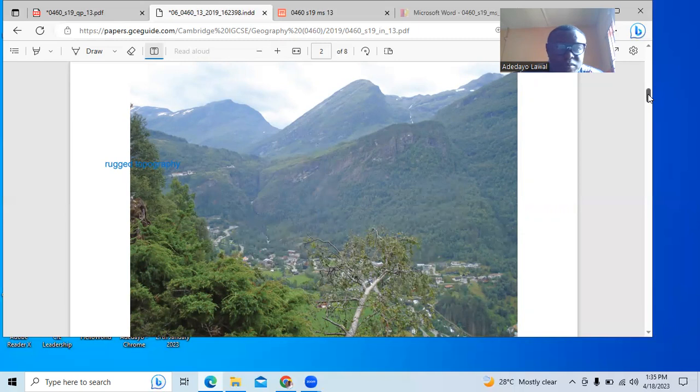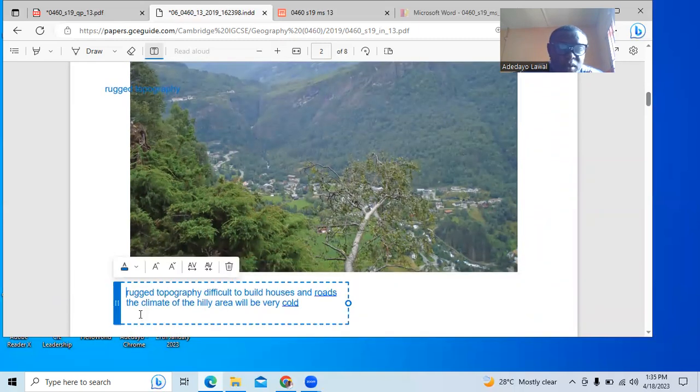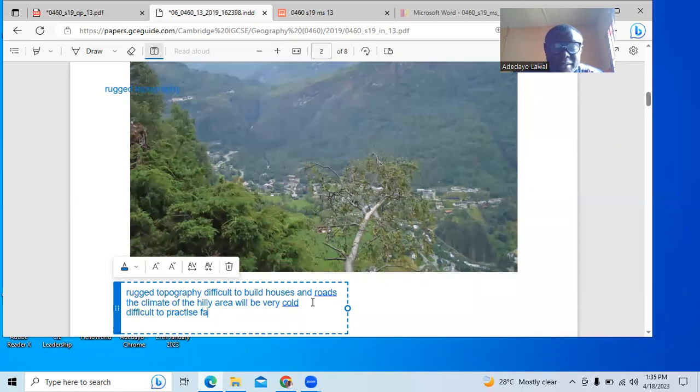So another answer you can bring out of here: talk about difficult to build houses, difficult to build roads. The climate of the area is very cold. Difficult to practice farming. These are the things that will discourage people from coming to live there.